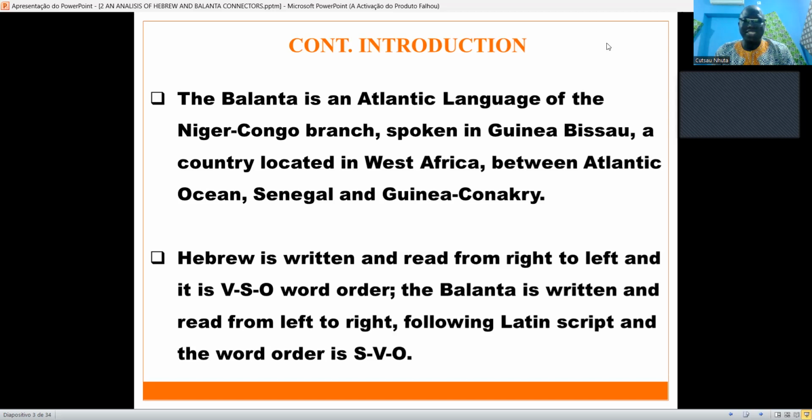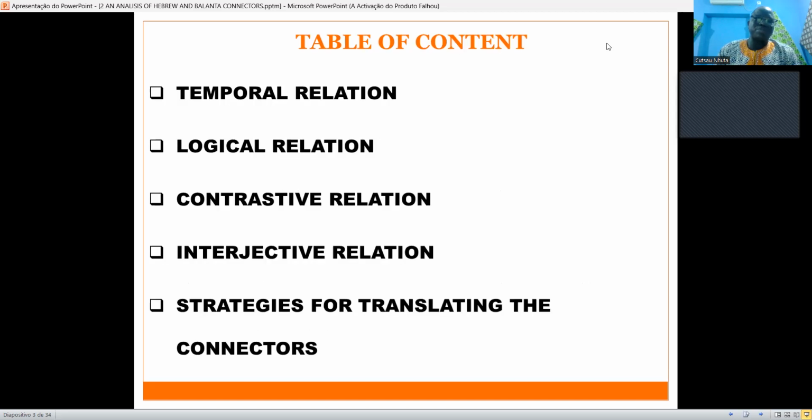Balanta is written and read from left to right, following Latin script, and the word order is SVO. We are going to talk about the following things: temporal relations, logical relations, contrastive relations, interjective relations, and then end up with strategies for translating the connectors.